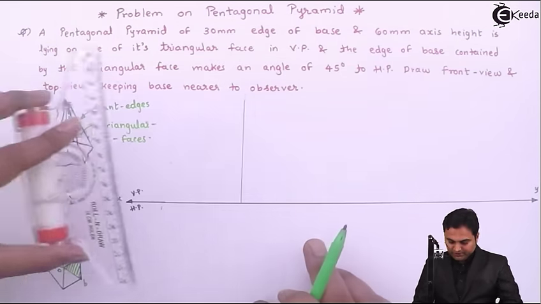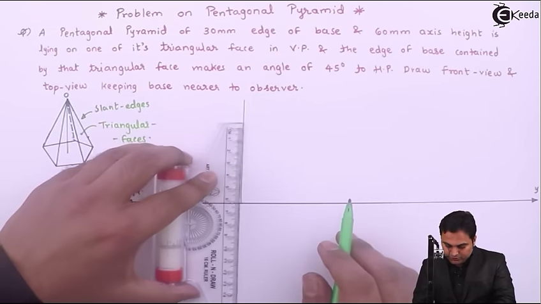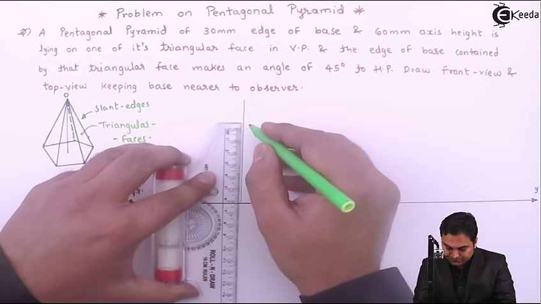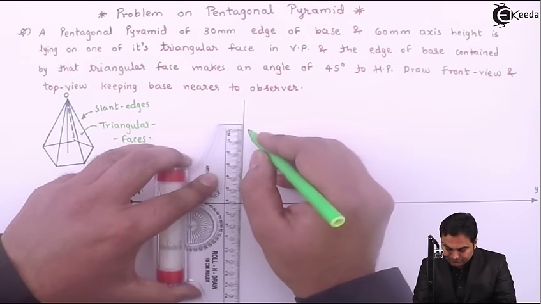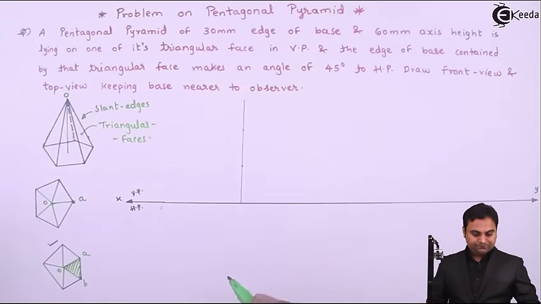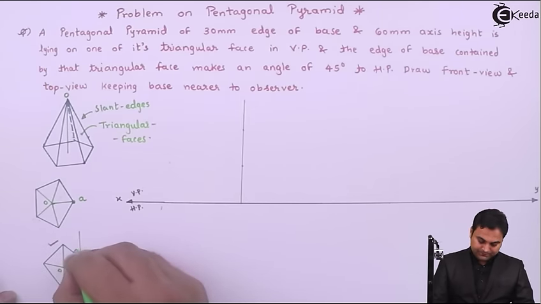drawing a light vertical line. The side is pentagonal pyramid of 30 mm edge, so I'll mark 30 here. Then in case of a pentagon, the edge is inclined at 72-degree angle.